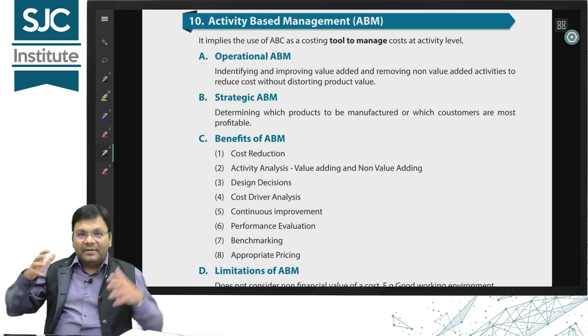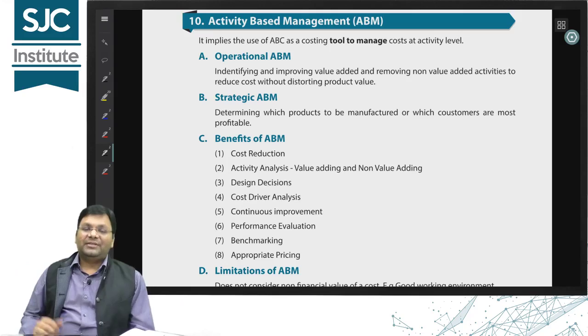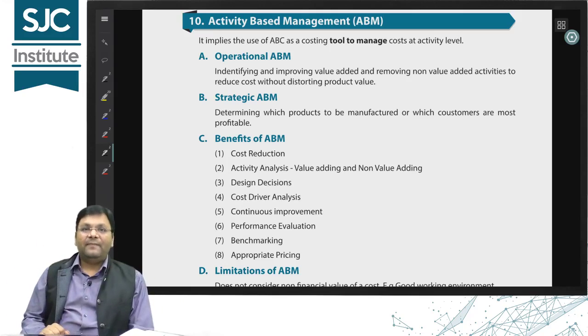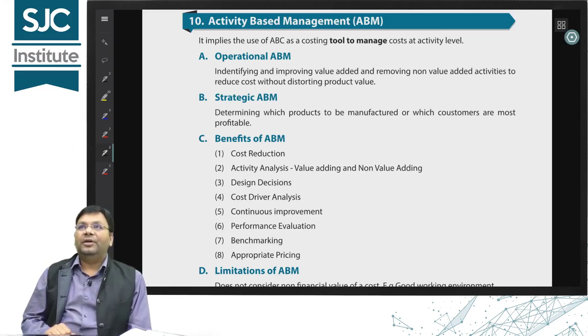ABM requires use of special brains, or you can say high level top management brains, whereby they are reading the reports of ABC, cost of ABC, and trying to think how can we reduce our cost of products, how can we improve profit of our products.